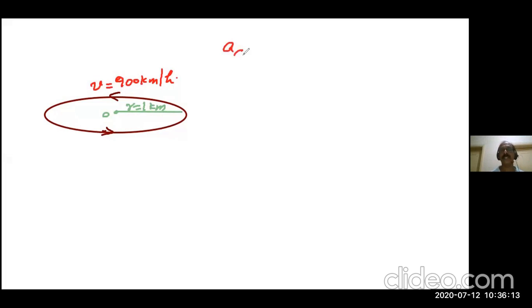So centripetal acceleration AC is equal to V squared by R. First we have to convert 900 kilometer per hour into meter per second: V is equal to 900 into 5 by 18. R is 1 kilometer, that means 1000 meter.